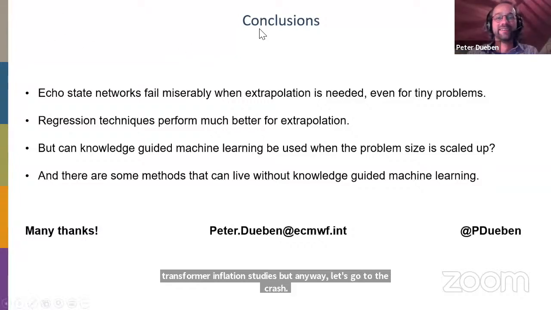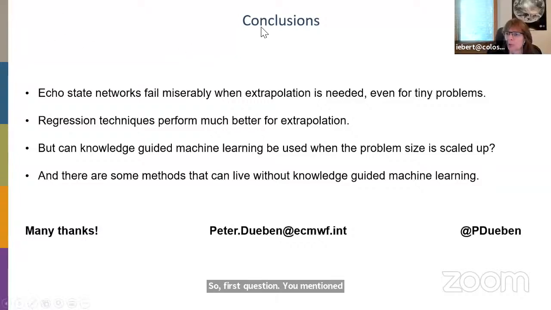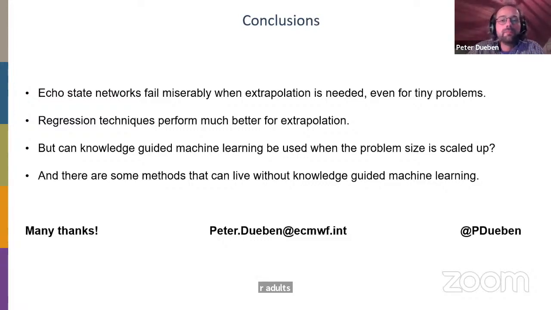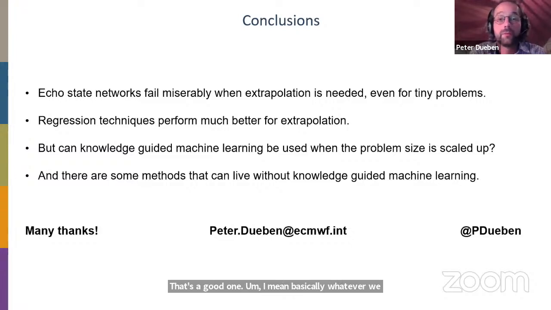First question: you mentioned reliability in providing forecasts. Operationally, how does that work with a forecast of opportunity, where some periods are more predictable than others? Yeah, that's a good one. Whenever we put something in operations, we will test it on a lot of forecasts.